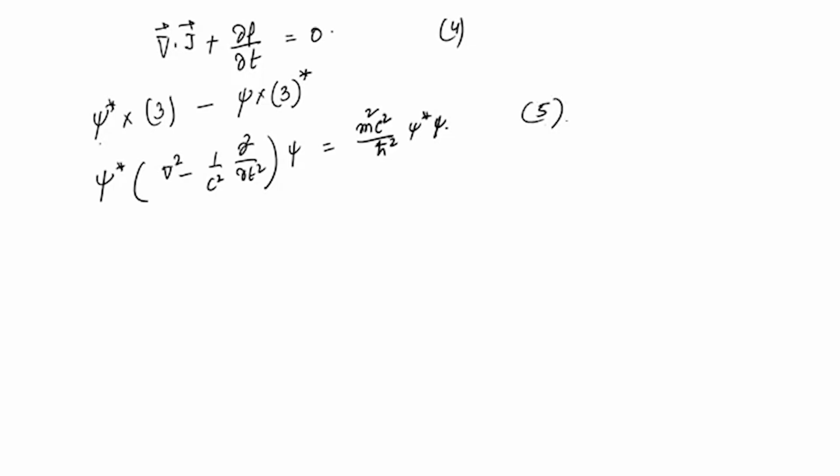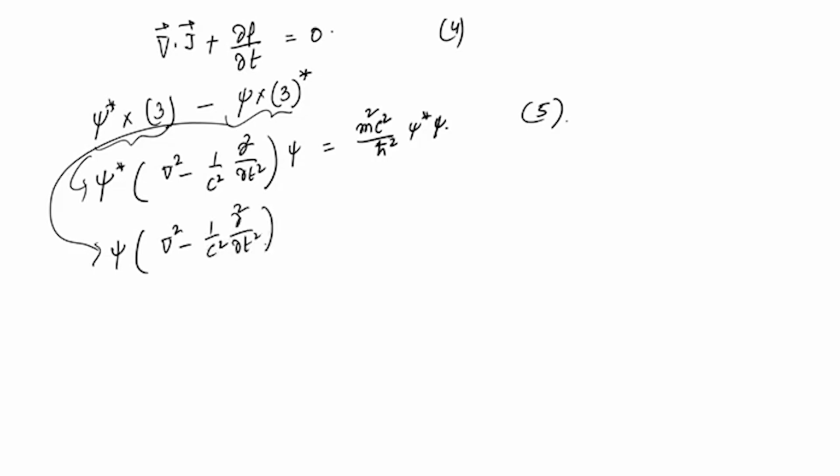This is the first term, and the second term we can write as psi times del square minus 1 by c square del 2 by del t 2 acting on psi star, equal to m square c square by h cross square psi star psi. Let us call this equation 6.